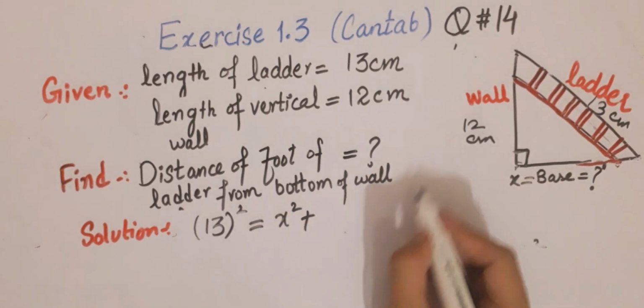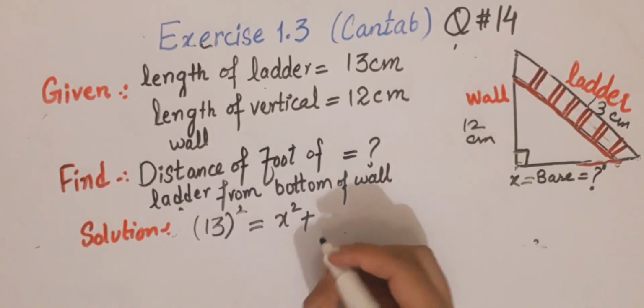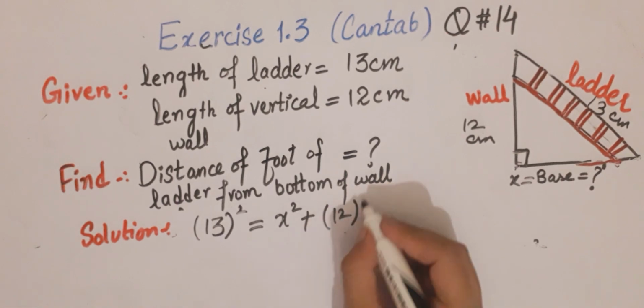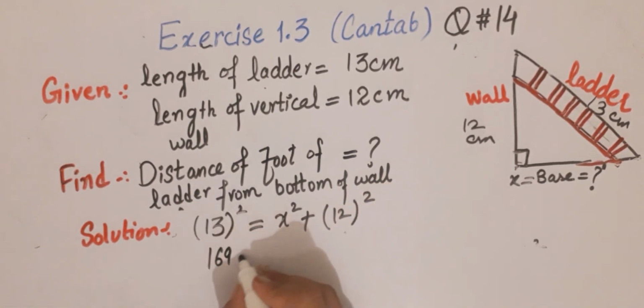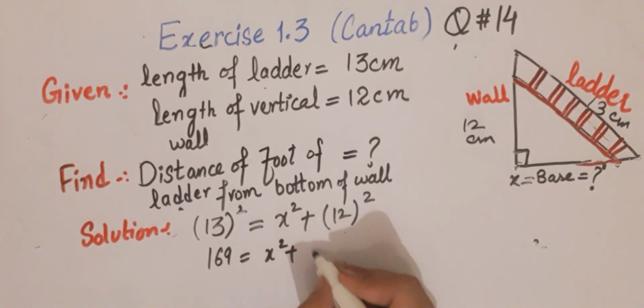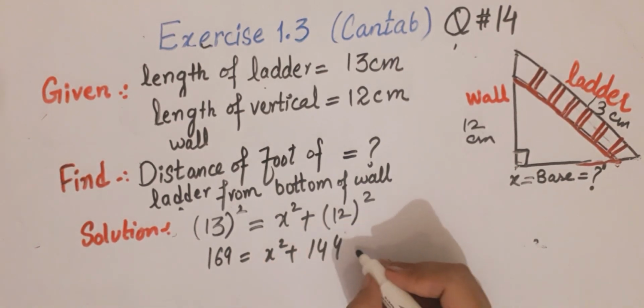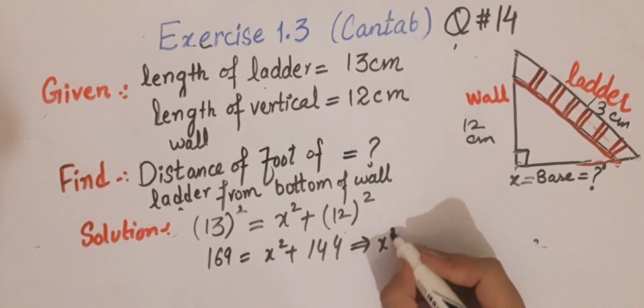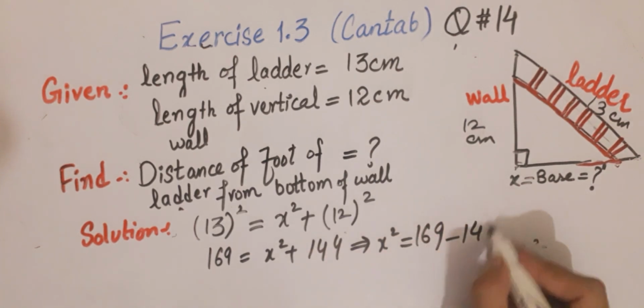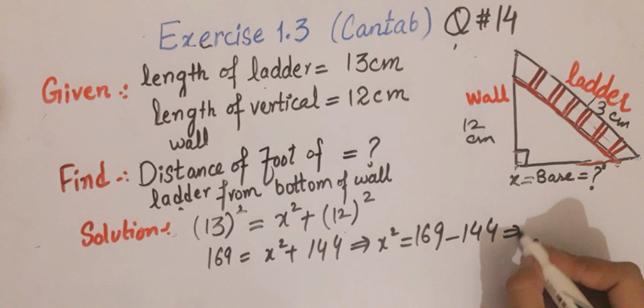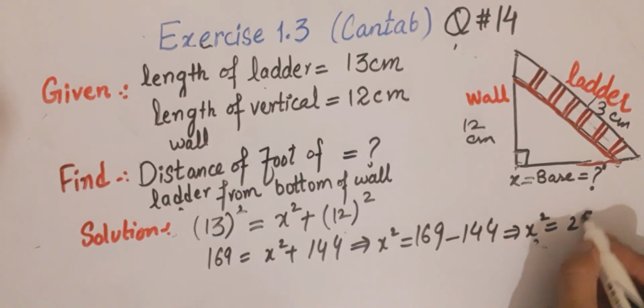X square plus perpendicular is 12 square. 13 square is 169 which is equal to x square plus 144. So x square is equal to 169 minus 144. X square is equal to 25.